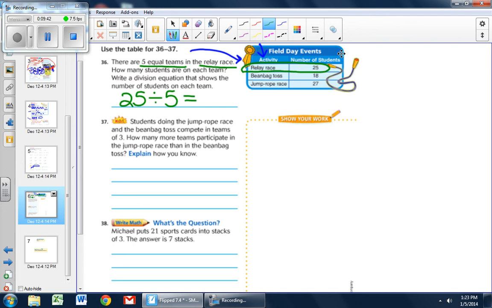Using your related math facts that you already know, you should be able to fill that in, and don't forget to label it. If you're not sure of this math fact, use your workspace down here and draw it out, or draw a number line. You're going to divide 25 by 5.